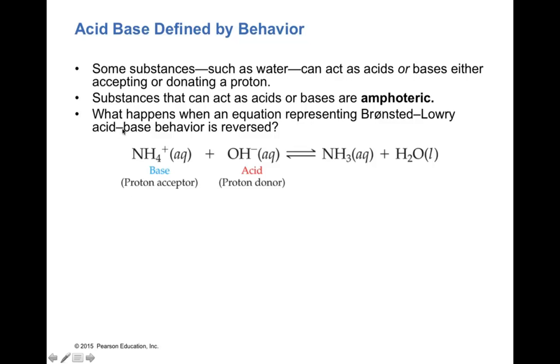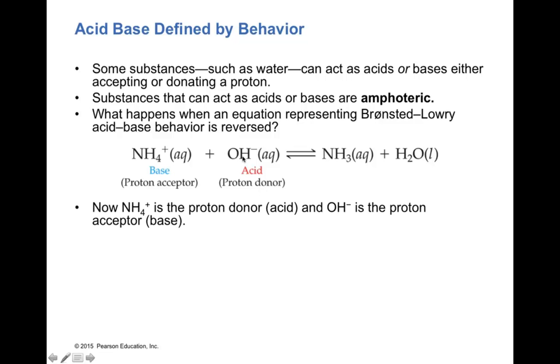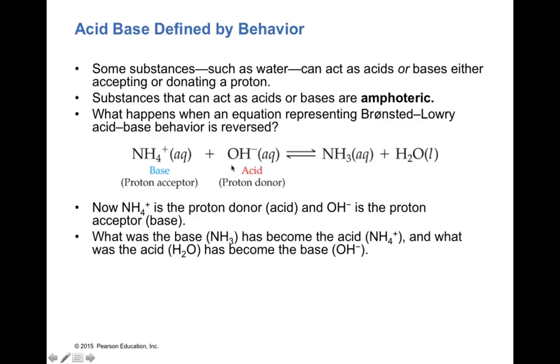Now we have here the NH4+ and the OH-. So now this will be the proton acceptor, okay? And now the NH4+ is the proton donor and OH- is the proton acceptor. So this will be the acid, this will be the base, because this is the base, it's going to receive the H+ to produce the water, and the NH4+ is going to release that hydrogen to produce NH3, so that's why this is the acid.